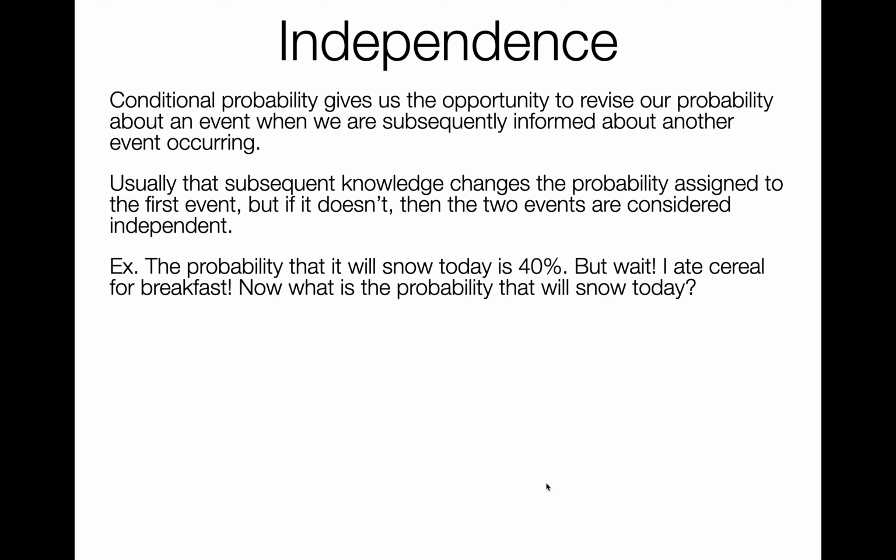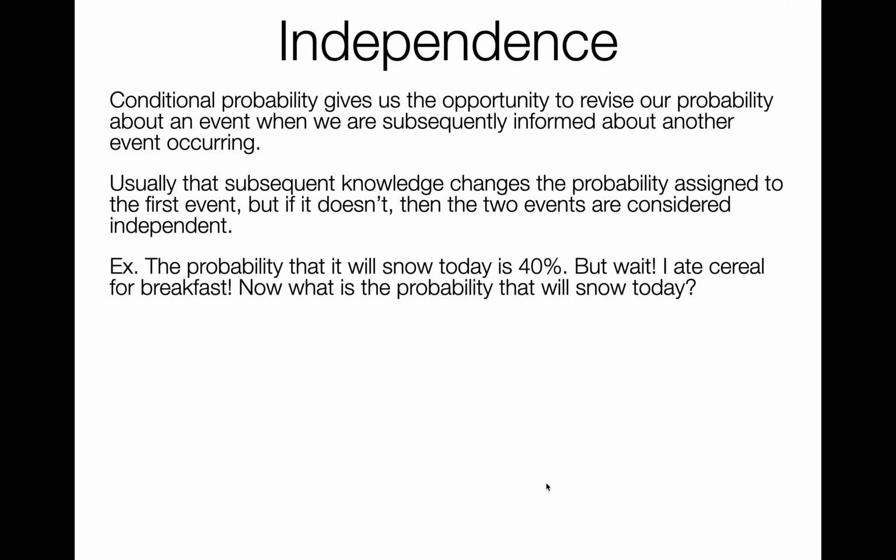As an example, if I say the probability that it's going to snow today is 40%. So A is that it's going to snow today. But I'm going to tell you something else: subsequently, I ate cereal for breakfast today.